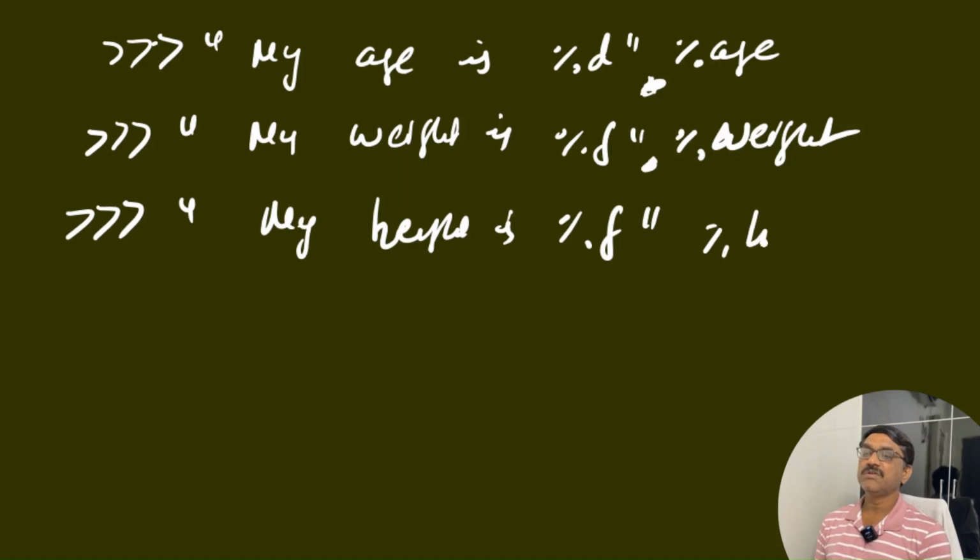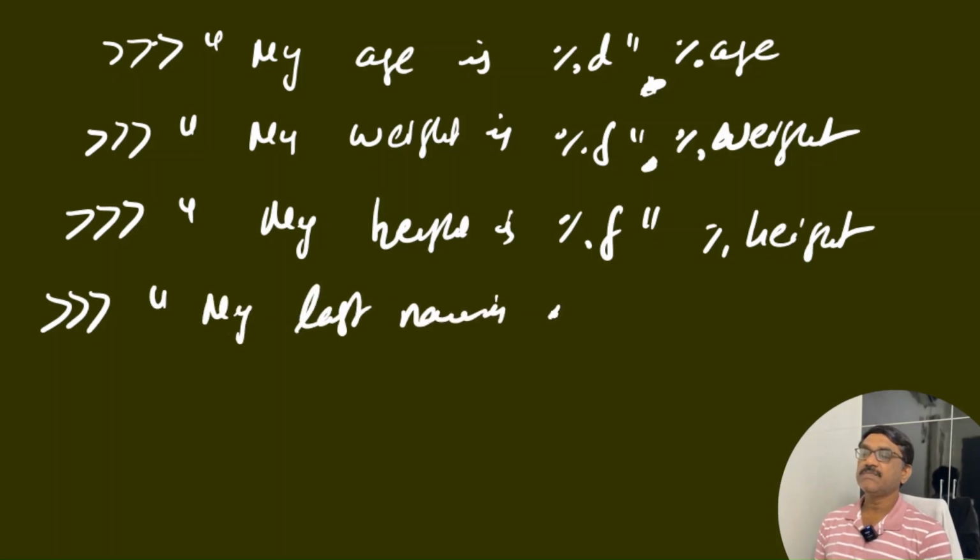Here you have to mention height. And if you want to print last name, you can write my last name is percentage s, double quotes close. Here you can write percentage L name. This is a way of using different format specifiers and printing those values.